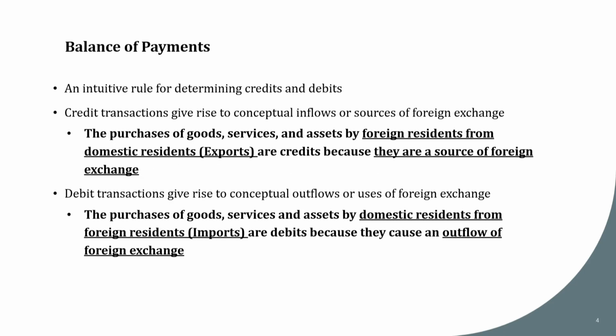To understand the balance of payments, there is an intuitive rule for determining credits and debits. Credit transactions give rise to conceptual inflows or sources of foreign exchange. The purchases of goods and services and assets by foreign residents from domestic residents, mainly exports, are credits because they are a source of foreign exchange.